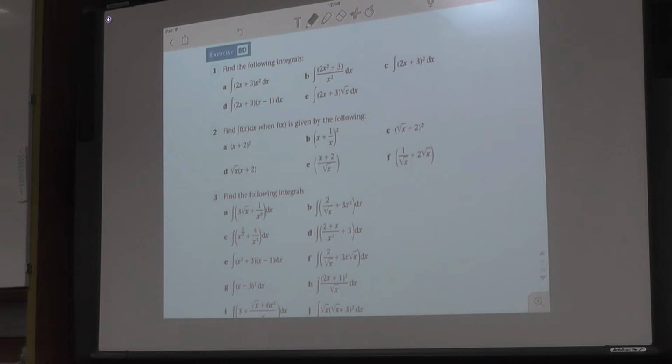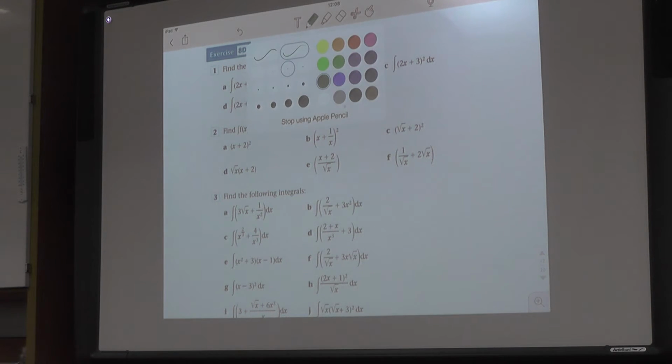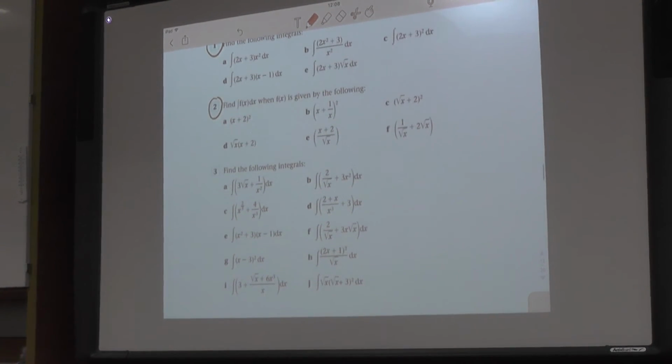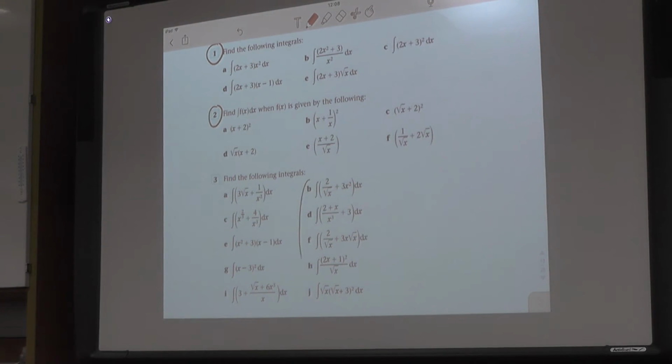So, I'd like you to do question 1, 2, and we'll do the second column of question 3. Now that's the absolute minimum for practice for these ones, okay?